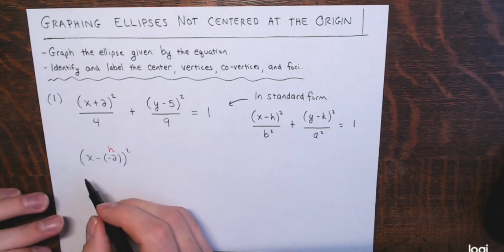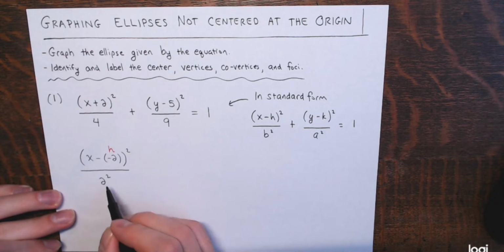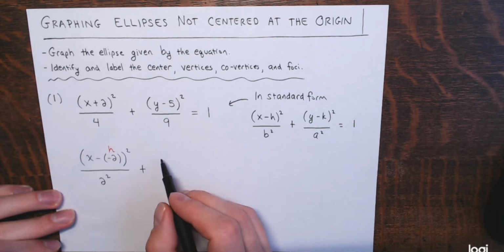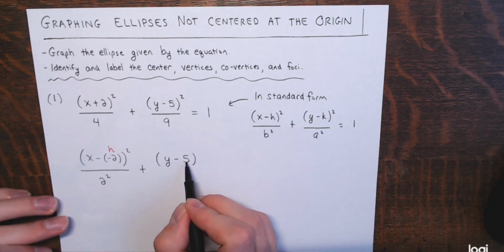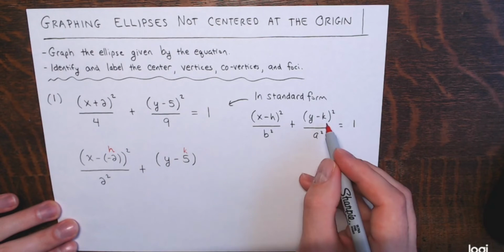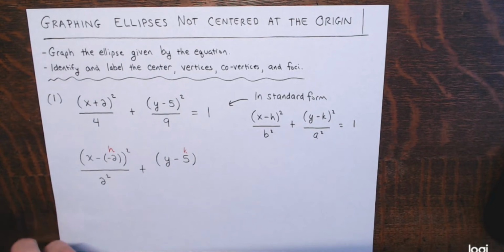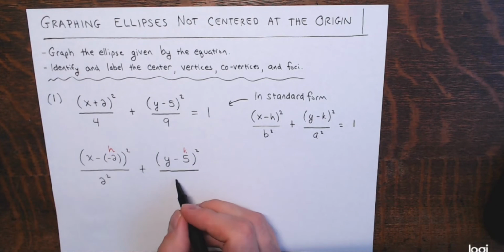Then divided by 4, which is just 2 squared, plus the quantity y minus 5 squared, so 5 is the value of k, divided by 9, which is 3 squared, equals 1.